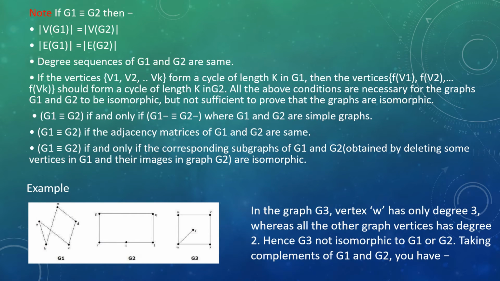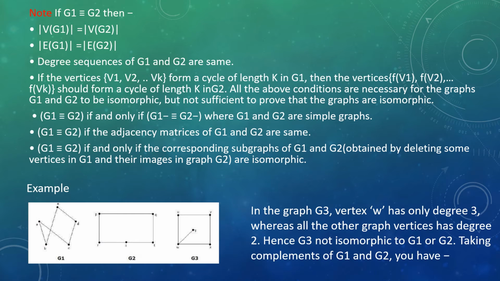Note, if G1 is similar to G2, then the number of vertices of G1 is equal to the number of vertices of G2, and also the number of edges of G1 is equal to the number of edges of G2. Degree sequences of G1 and G2 are same.